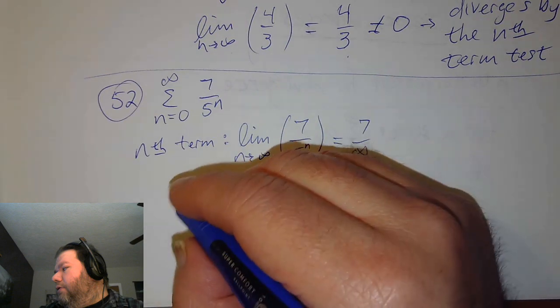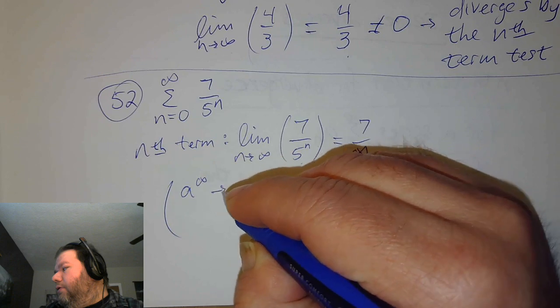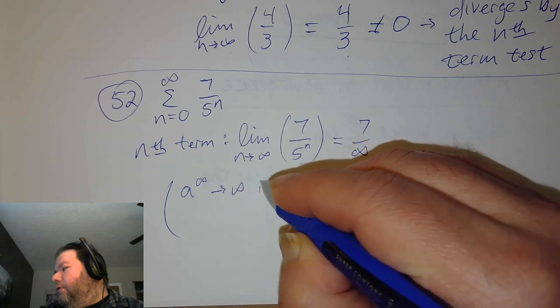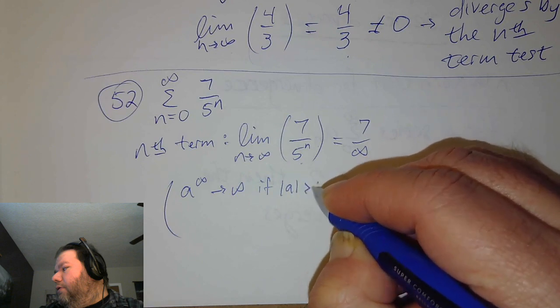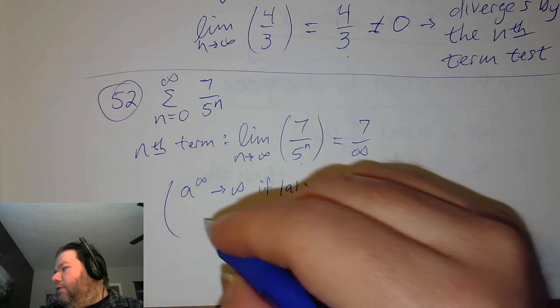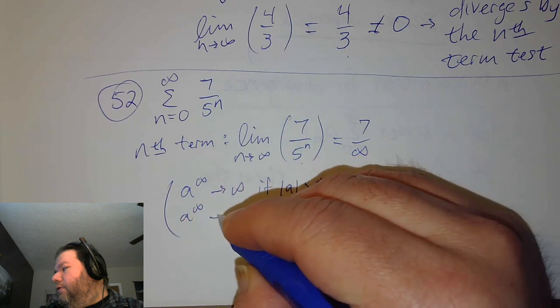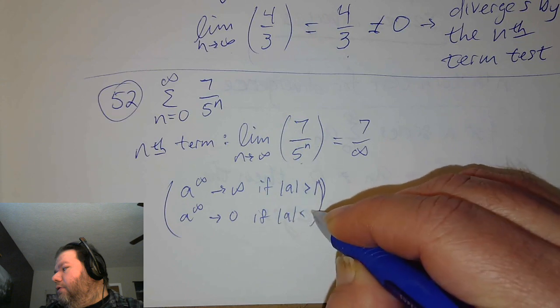In fact, let me add this note now. A to the infinity goes to infinity if absolute value of a is greater than 1 and a to the infinity goes to 0 if absolute value of a is less than 1.